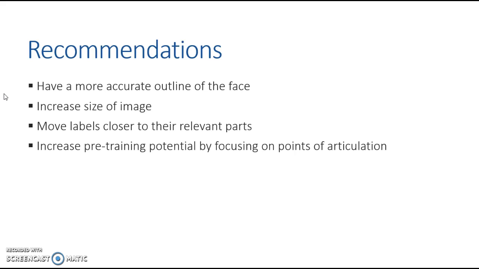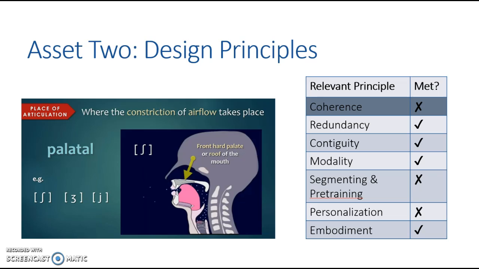In addition, I feel as if this diagram could increase its pre-training potential by focusing on all the points of articulation. For instance, it doesn't have the lips or the teeth mentioned, and they're both really important in terms of how speech is produced.